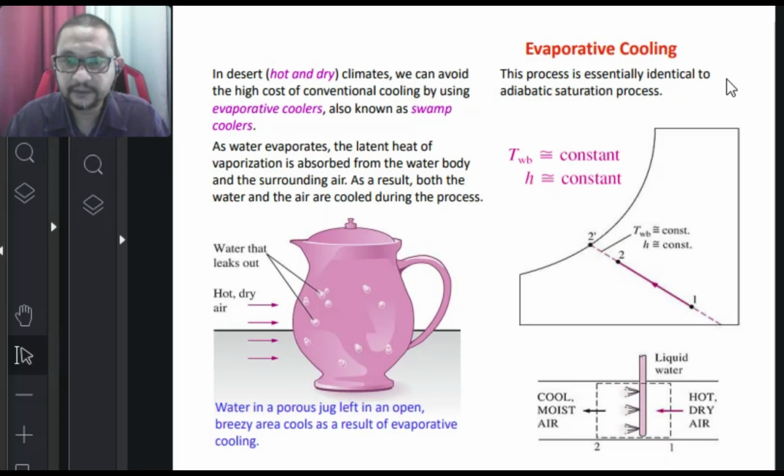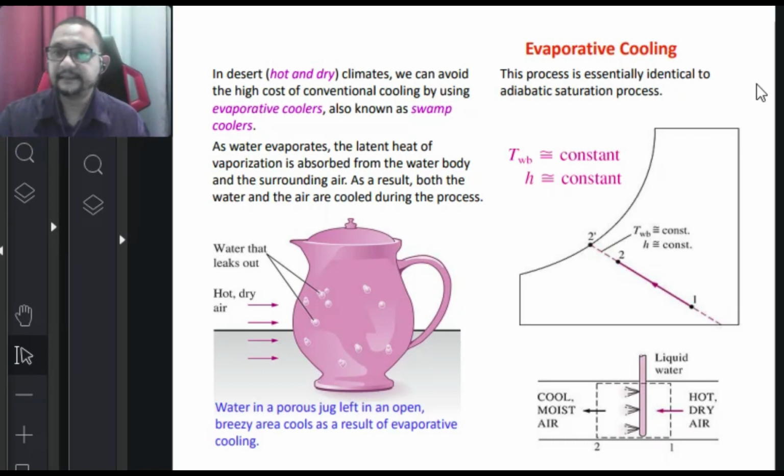Here, for example with the jug, water leaks out into hot and dry air. Water in a porous jug left in an open breezy area cools as a result of evaporative cooling.